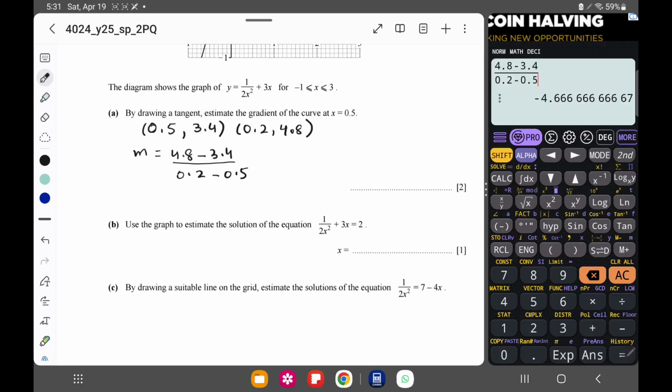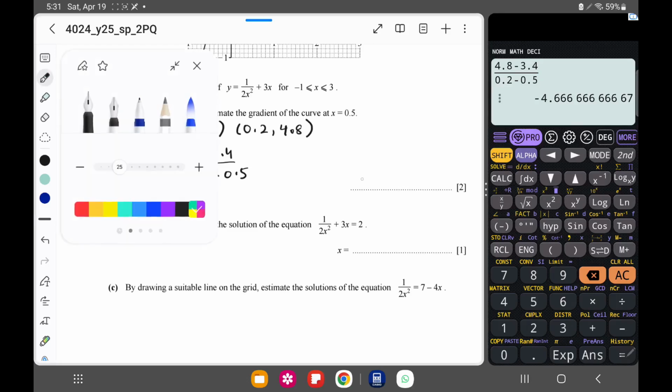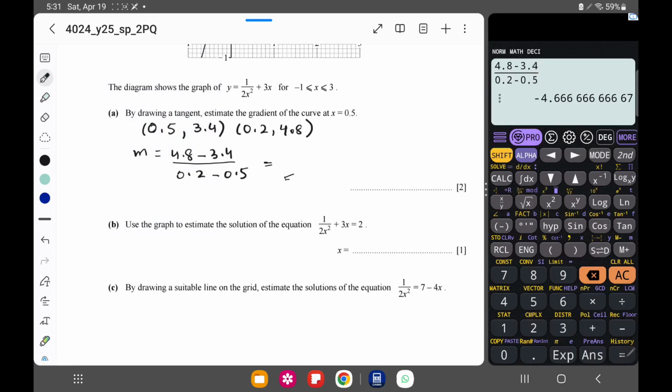Alright, so this is coming minus 4.666, means minus 4.7. Minus 4.7. Alright, in the marking scheme, it is minus 5.5 to minus 2.8 is the answer.